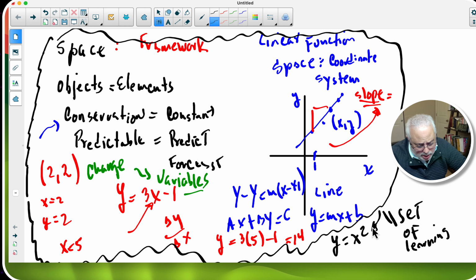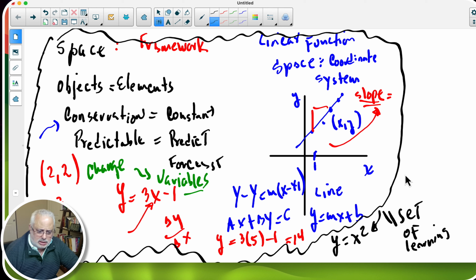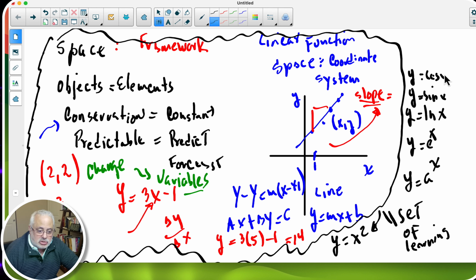And when I said y equals x to the second power, I can say the exponential functions. I can say, I don't know, y equals a to the x, or y equals e to the x, or y equals the natural log of x, or y equals sine of x, or y equals cosine of x.